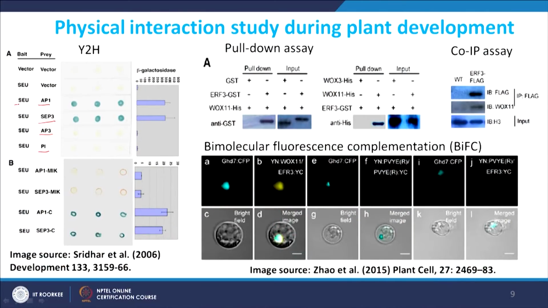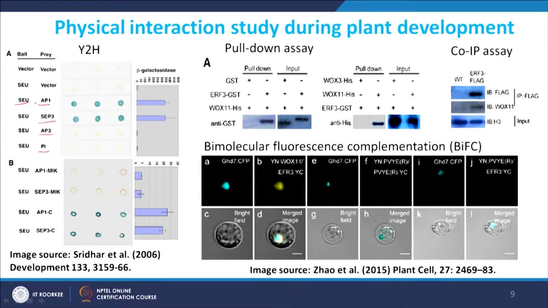And SUU, this is another gene which is important, and here what they have tried to check is whether SU is interacting with these ABC genes or not, and this has been done by the yeast two-hybrid. And what you can see, this color signal will tell there is an interaction. If there is no color, then there is no interaction. So, if you look at this assay, you can clearly find that SU is interacting only with AP1 and SEPALLATA3, but it is not interacting with AP3, it is not directly or physically interacting with PI.